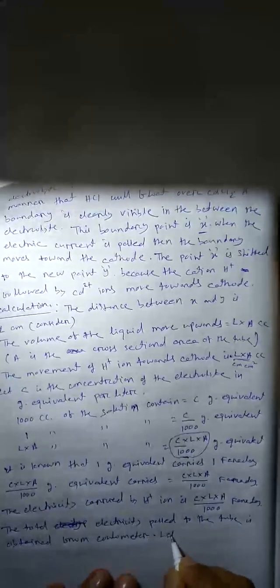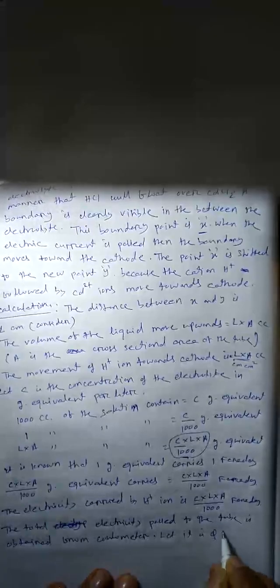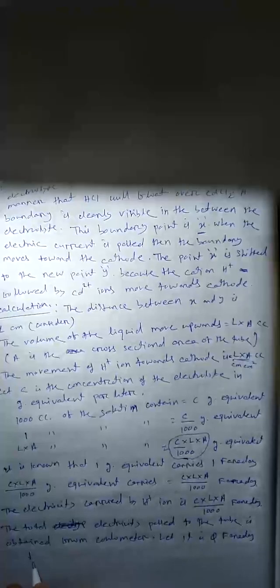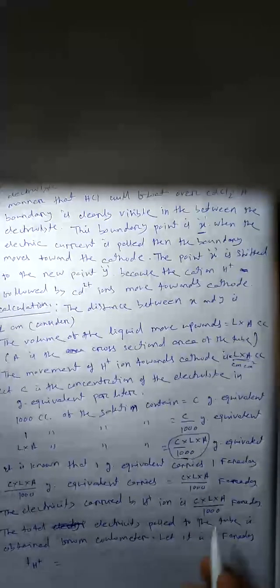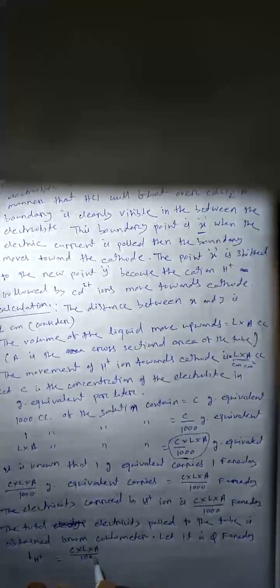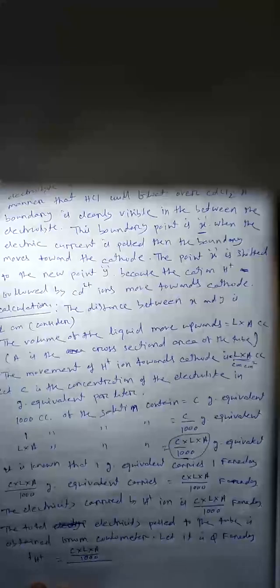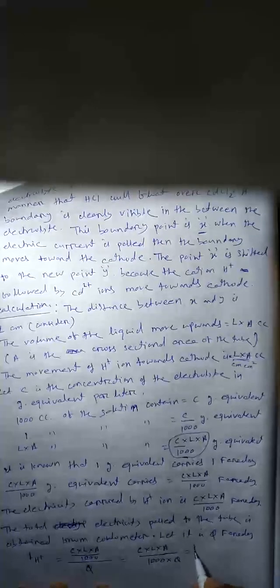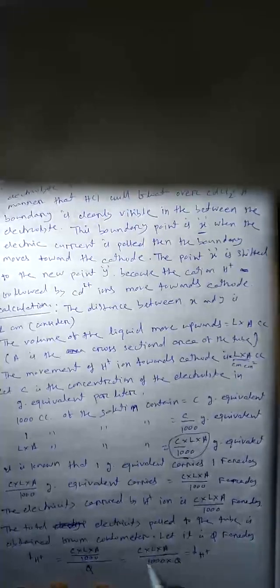Let it be Q Faraday. Then the transport number of H plus ion is the current carried by H plus ion, which is C into L into A divided by 1000, divided by the total current carried, Q. Then we get C into L into A divided by 1000 into Q. This is the transport number of H plus ion.